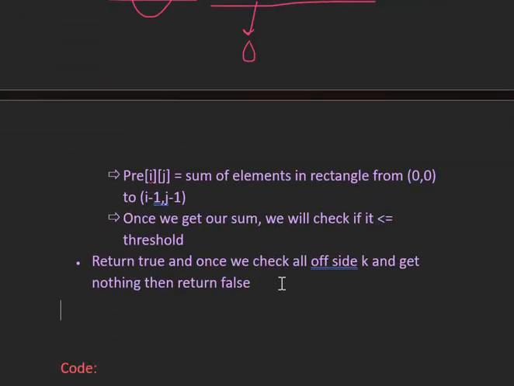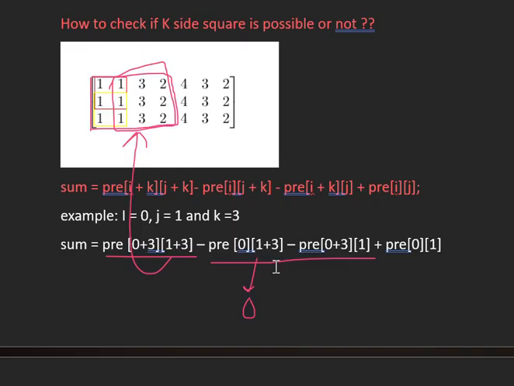So this one will give us 0, minus prefix of 3 comma 1. What will 3 comma 1 give us? It will give us the sum of the rectangle from 0 to 2 and 0 to 0, which is this rectangle. That is the extra part that we are counting. So we'll be subtracting this from this, and then we have prefix of 0 comma 1. What will prefix of 0 comma 1 give us?